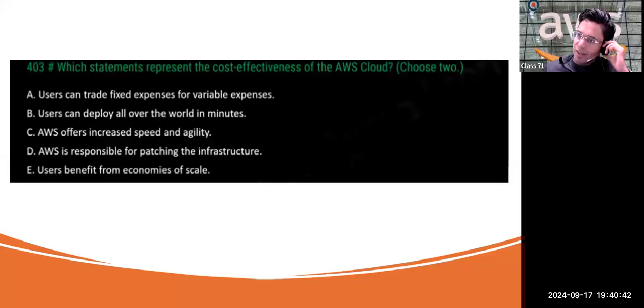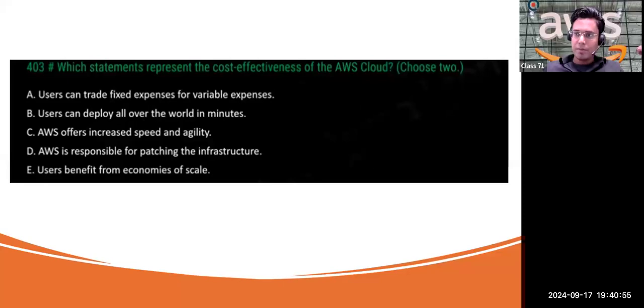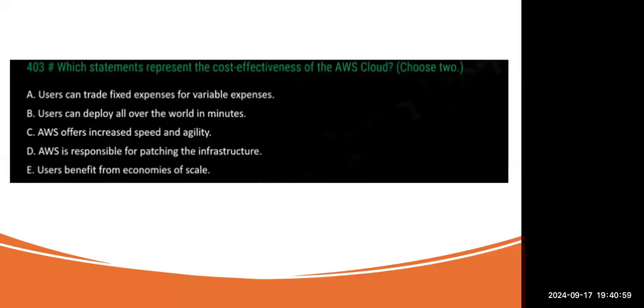So in the exam, that's the thing. Here it is, right here. A is one of them. Yep, A is a correct one. B is wrong.